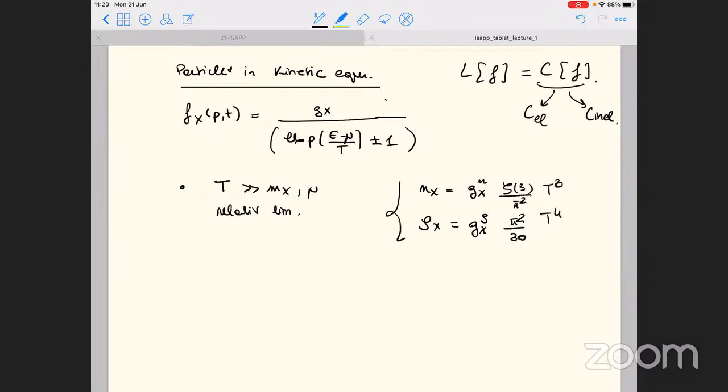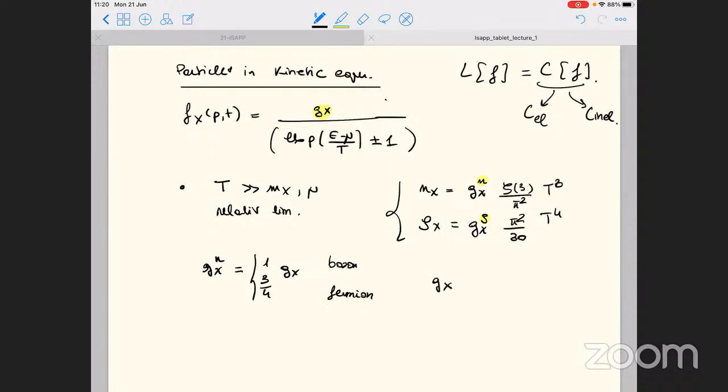I have an n and a rho here because I cannot directly write the number of degrees of freedom of my particle; I actually have the number of degrees of freedom times a certain factor depending on whether I have a boson or a fermion. These are the notations I'm going to use: g_chi n is equal to 1 times the number of degrees of freedom of chi for a boson, or 3/4 of the number of degrees of freedom of chi for a fermion.